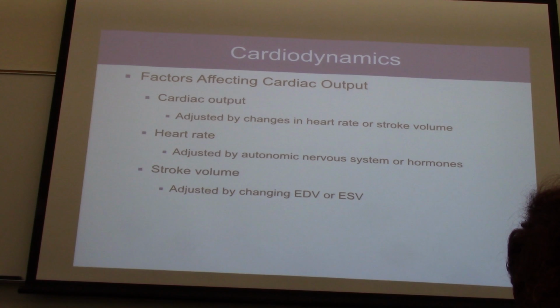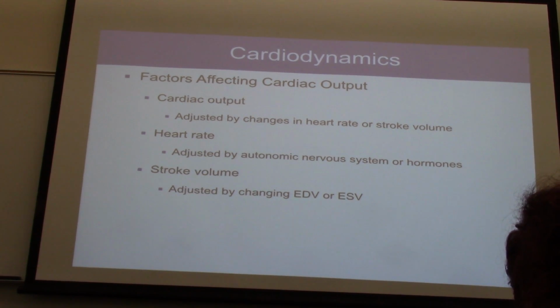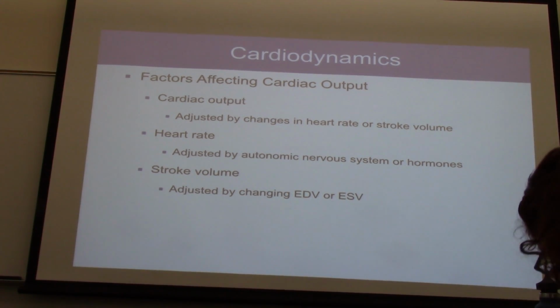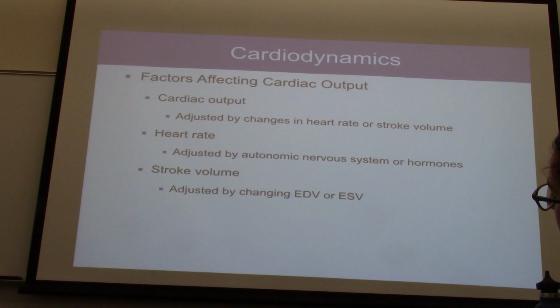So, how do we change cardiac output? Because that's really what taking care of sick people is all about, making their cardiac output better. Well, cardiac output changes all the time. Let's just say if your heart rate went up and your stroke volume stayed the same, your cardiac output would clearly go up, right? But you've got to remember that when your heart rate goes up, you have less time with each heartbeat for your heart to fill.